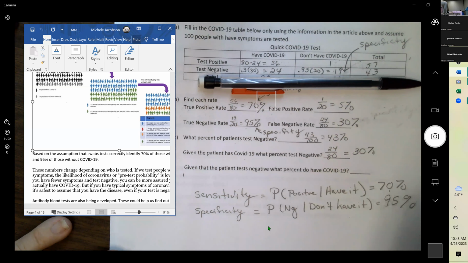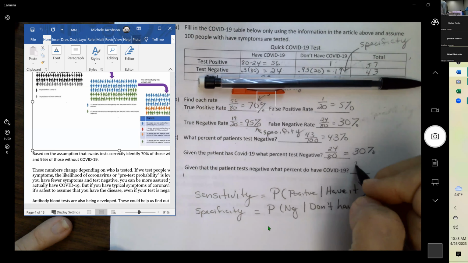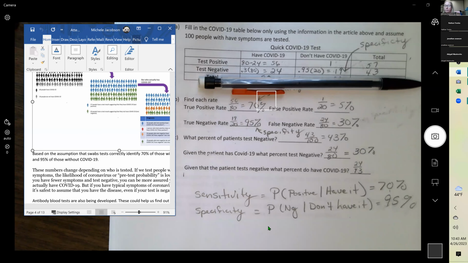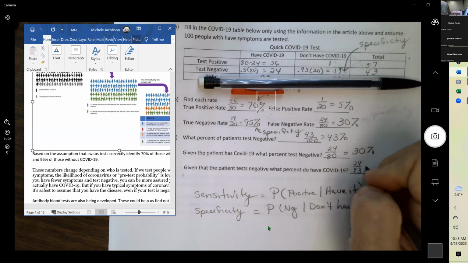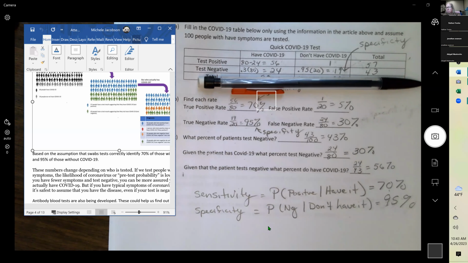The probability they do have COVID, 24 out of the 43. And it does say percent. I'm just rounding to a whole percent. Any questions on that one?